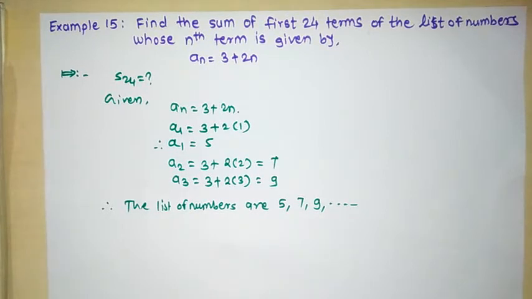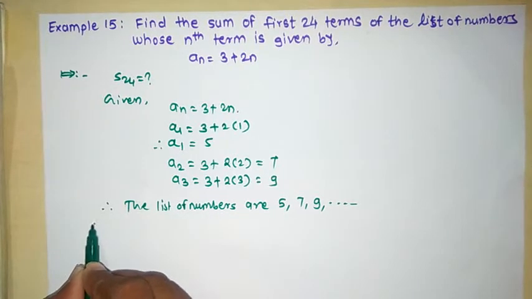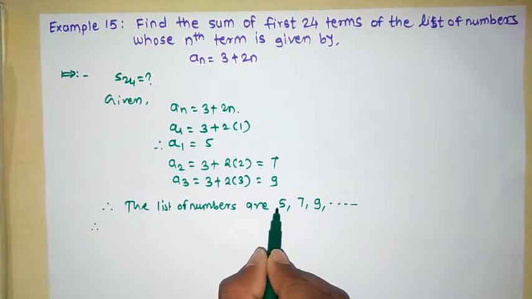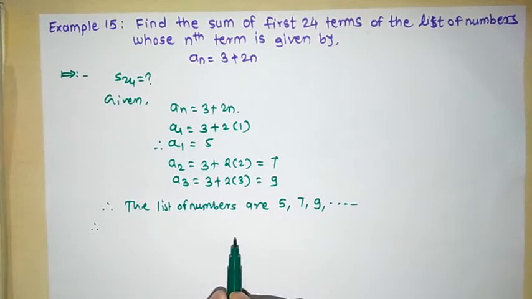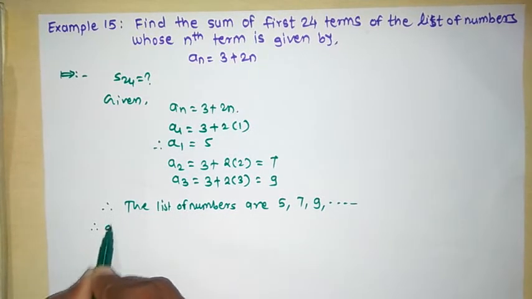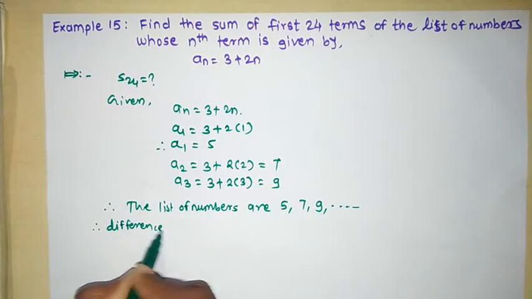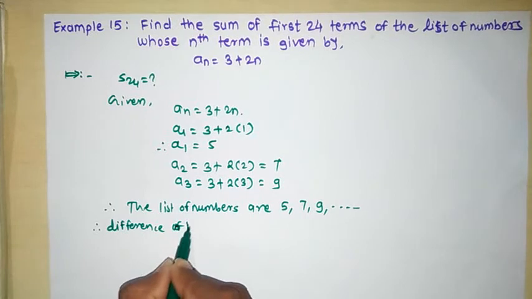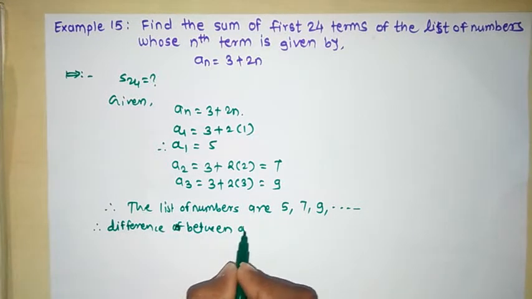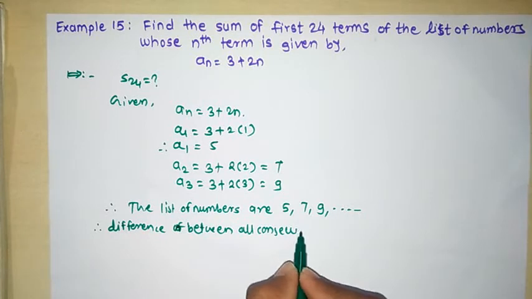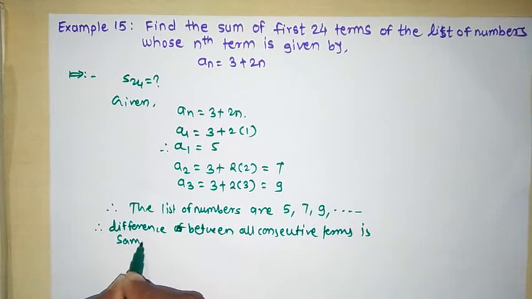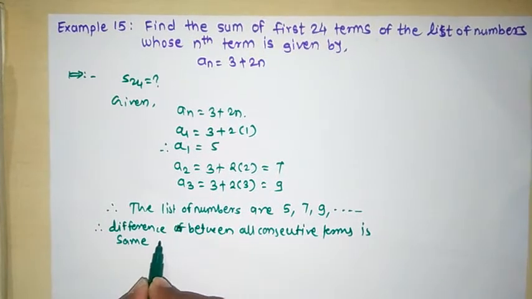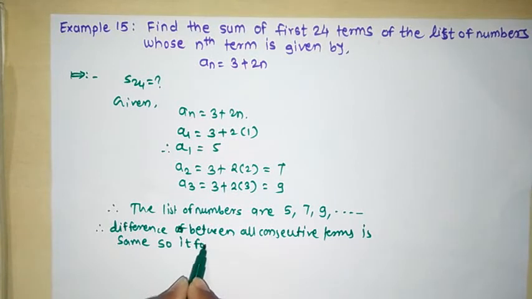Now we have to check whether this list of numbers forms an AP or not. Here check: the difference is 7 minus 5, which is 2, and 9 minus 7, which is also 2. Therefore the difference between all consecutive terms is the same, so it forms an AP.